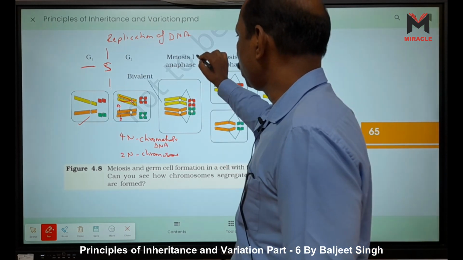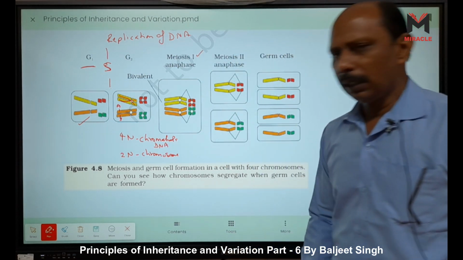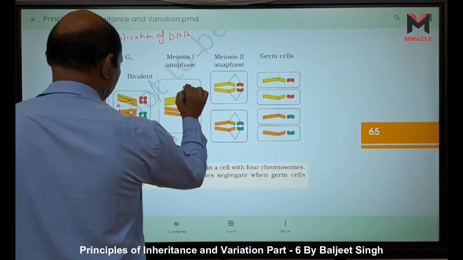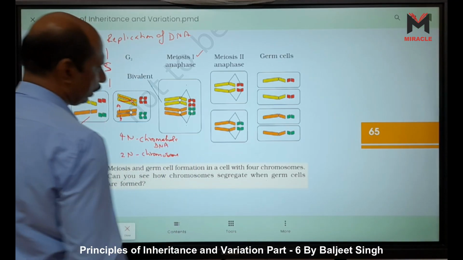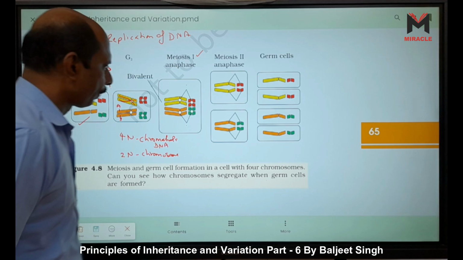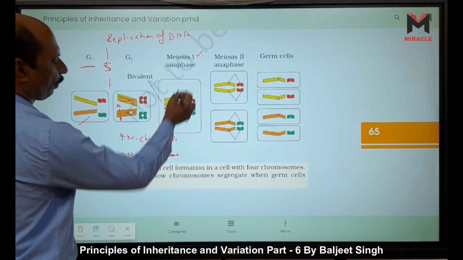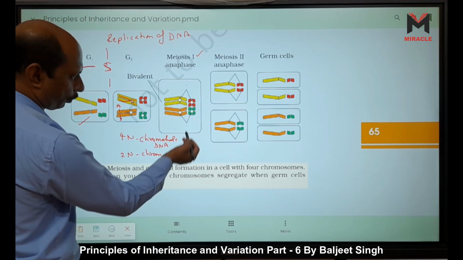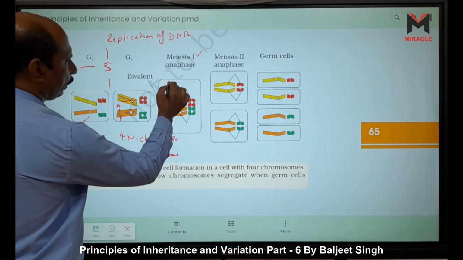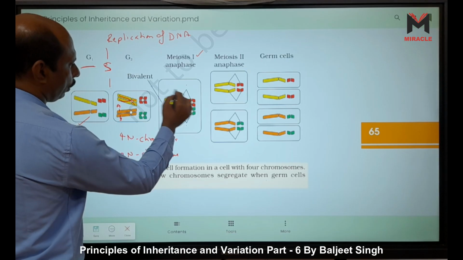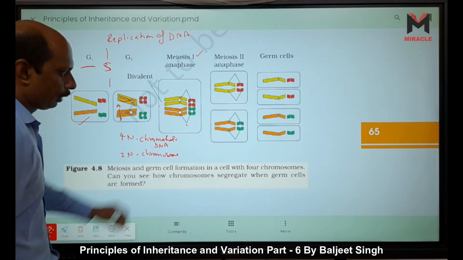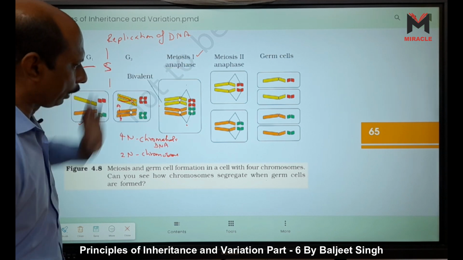Here what happens? Meiosis first, anaphase. Anaphase means they get separated from one another. This side is the spindle fiber. So in meiosis first anaphase, the chromosomes separate and come to different poles. This one goes to that place, this one to that place.